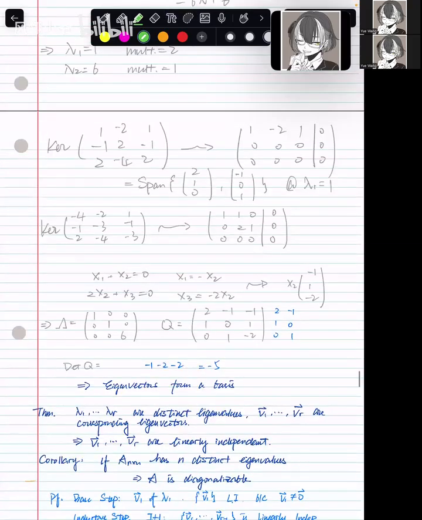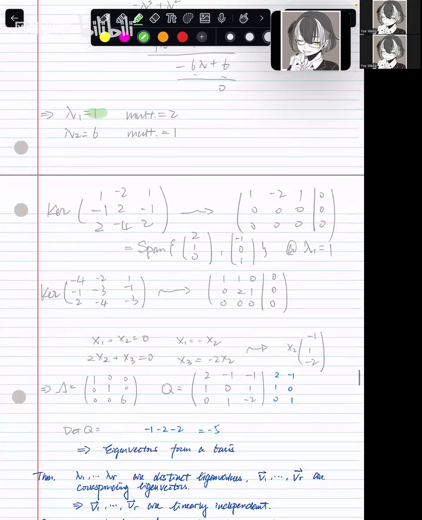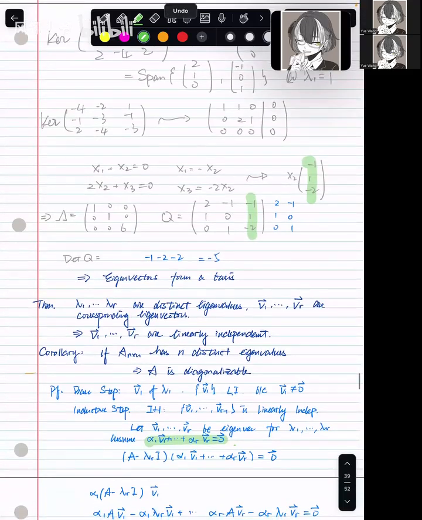Okay, and now we can actually write the lambda and our Q. So for our lambda, when lambda 1 equals 1, we have 2 rows, and those are the corresponding eigenvectors right here. Same thing, when lambda 2 equals 6, we have our eigenvector to be 0, negative 1, 1, negative 2. And that corresponds to our third eigenvalue, 6.